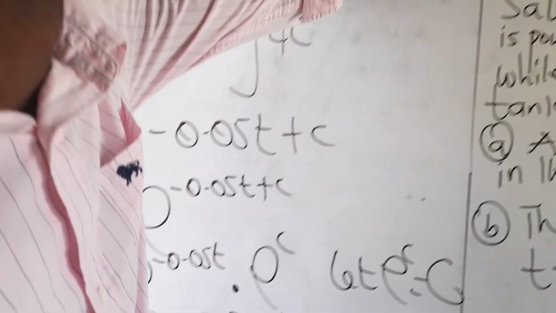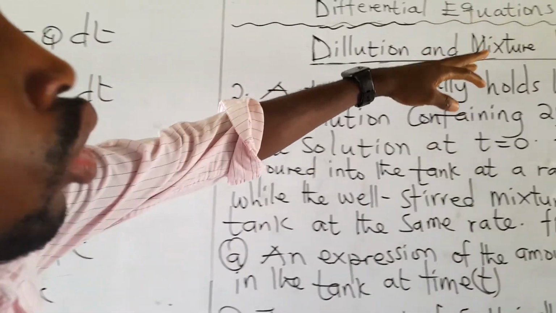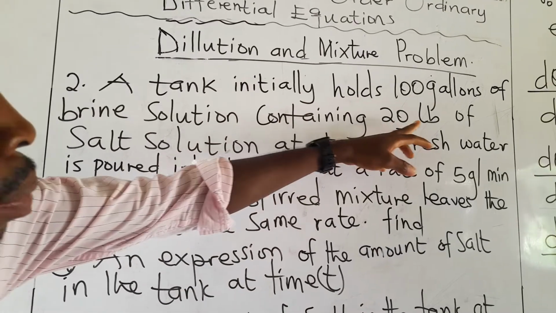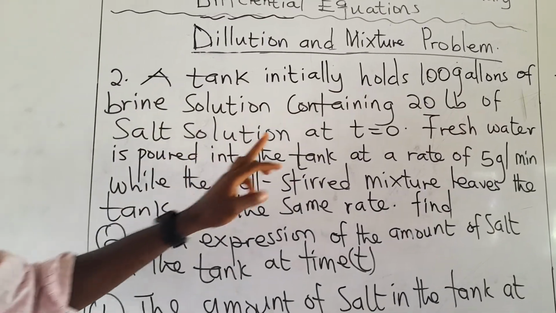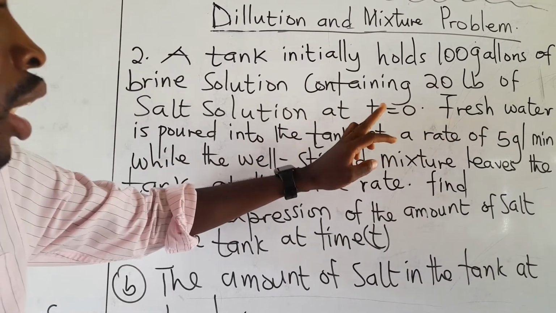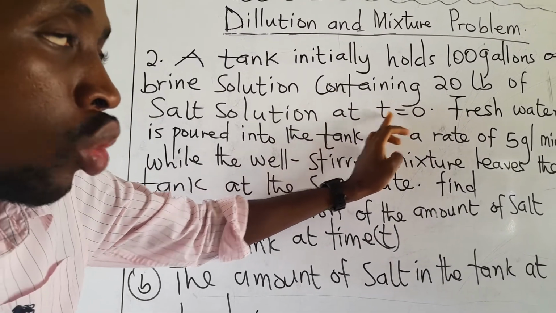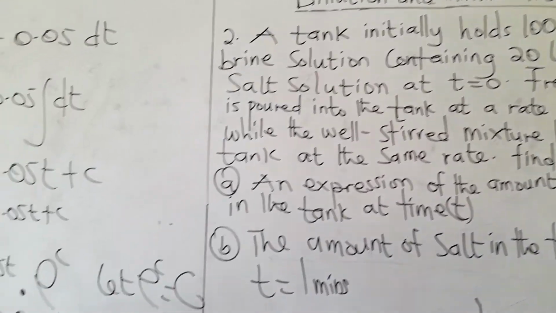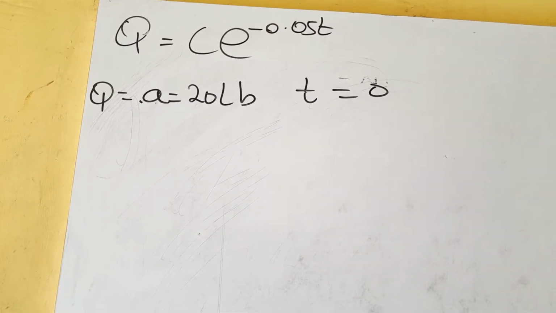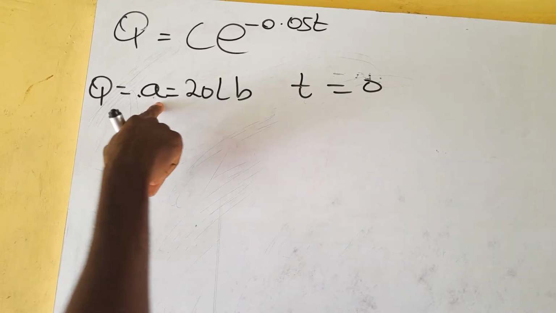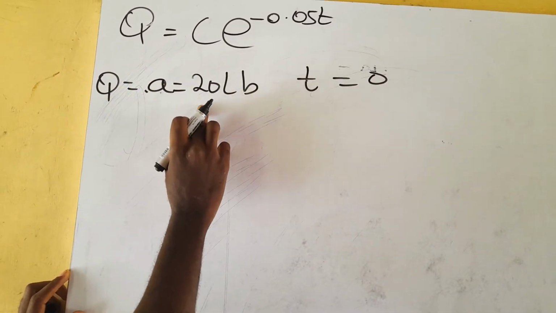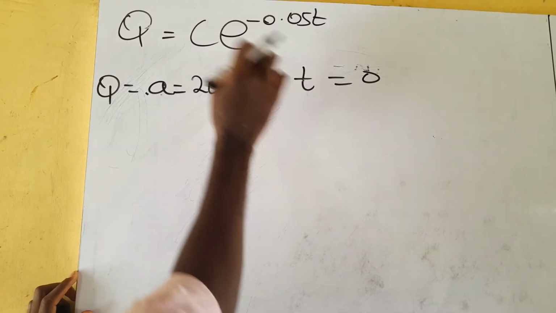So since the tank initially holds a brine solution of salt of 20 pounds at time t, we substitute when Q is equal to 20 at t equal to 0. Then we find our constant C. So our initial quantity of salt at time t, which is A in the equation, is this. So we substitute Q equal to 20 and when t is equal to 0, then we find our constant.